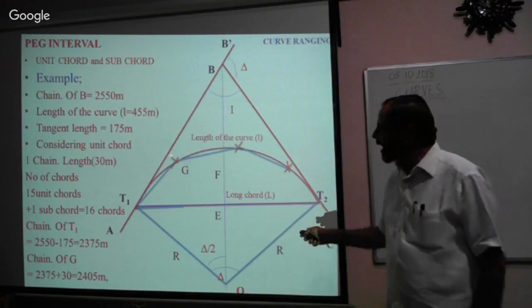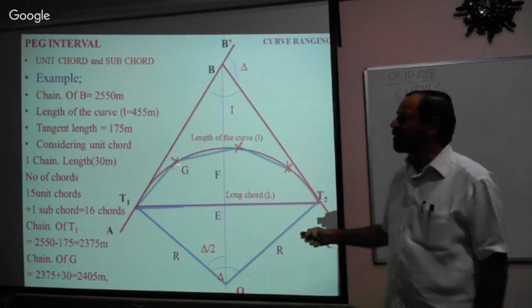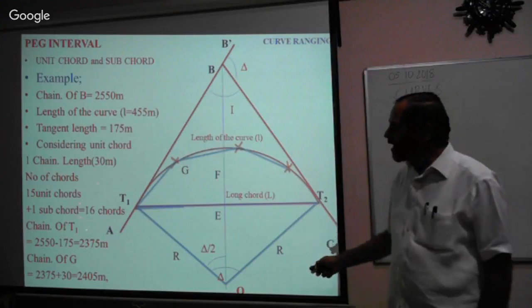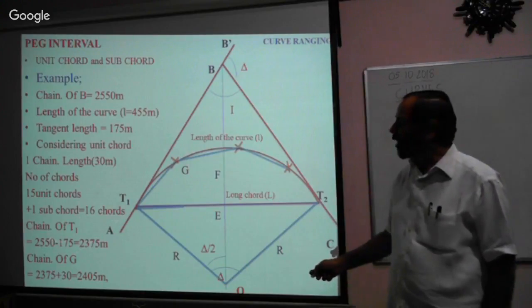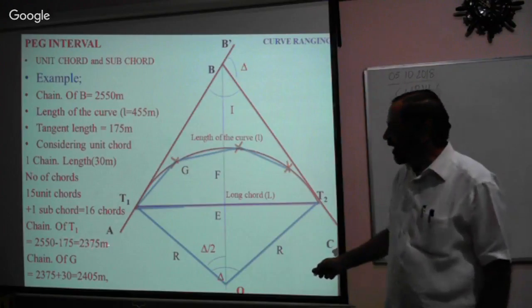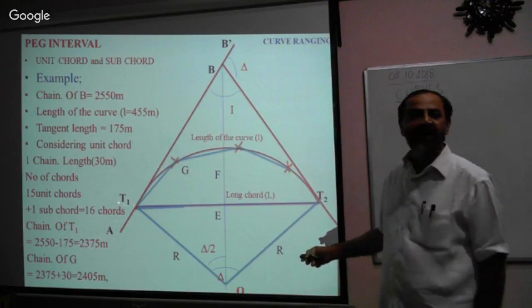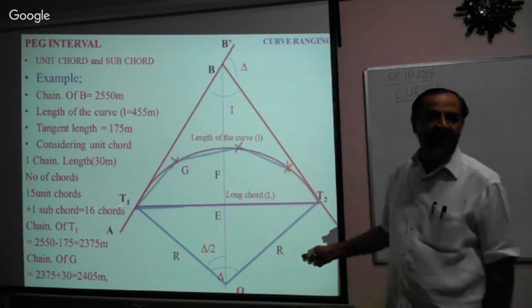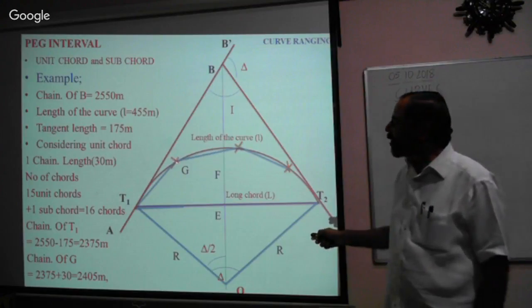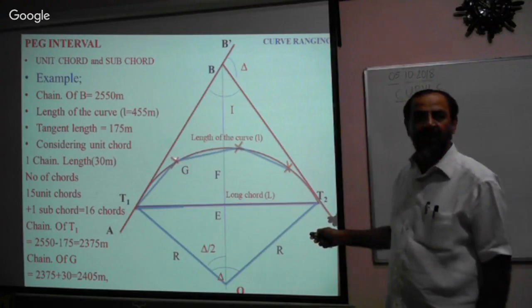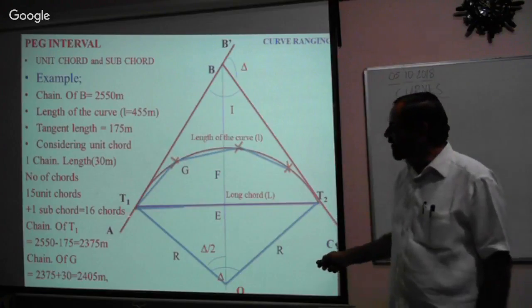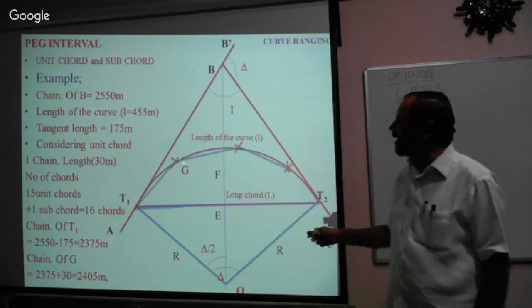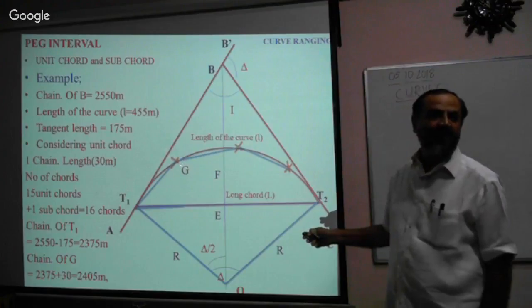Then add the curve length. The chainage of T1 is 2375 meters. Then what is the chainage of this point? 2375, the T1 chainage, plus chord length 30.